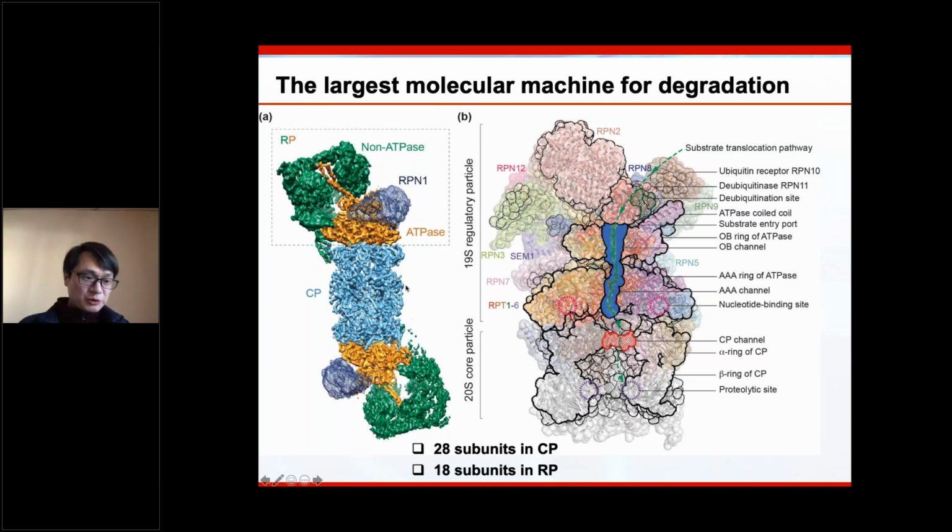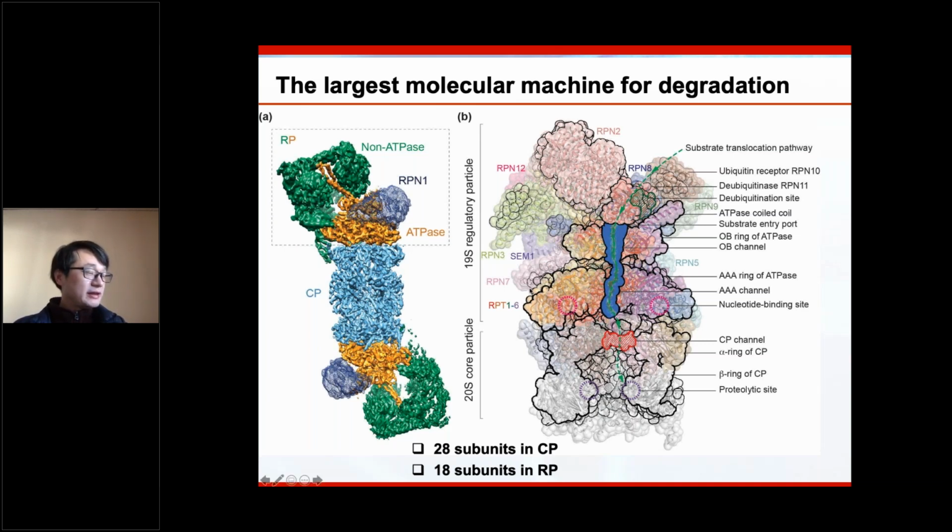But we know that protein has to be folded very well to be functional. So prior to polypeptide degradation, the proteasome has to recognize ubiquitinated substrate. So there has to be something called a ubiquitin receptor.